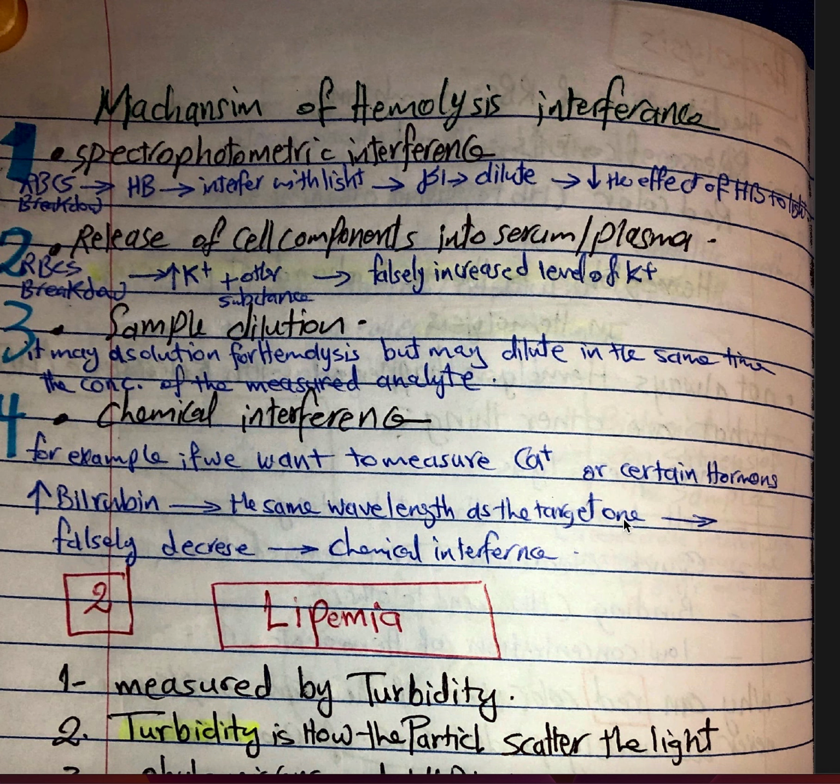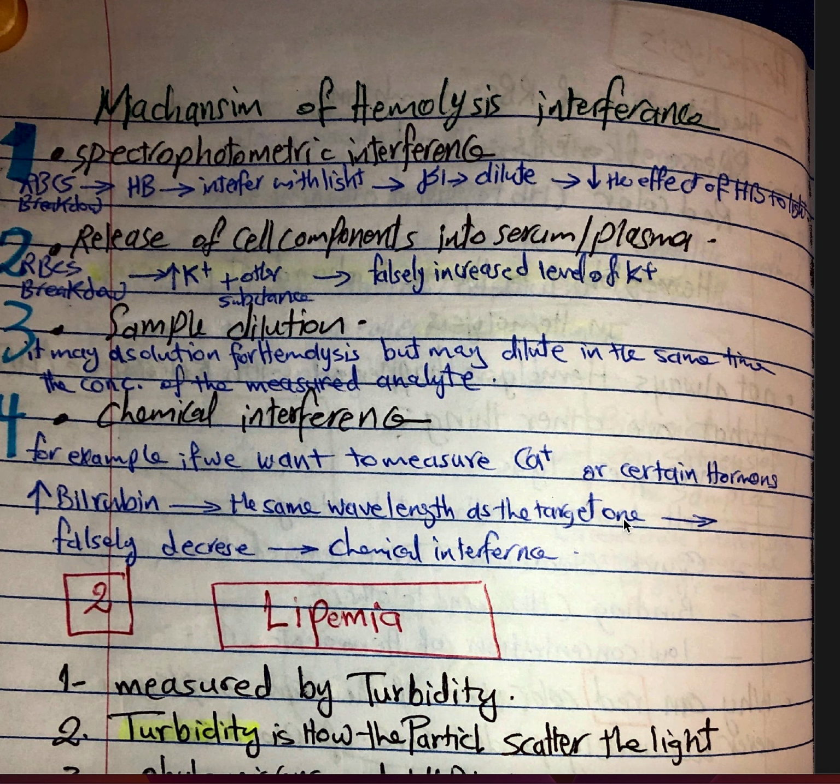But sometimes when there is a breakdown of the RBCs, then there is release of hemoglobin, and the hemoglobin interferes with the light, and then if it interferes with the light, we cannot measure the other analyte. So what we have to do is dilute this solution. After we dilute it, then we can measure the other or a specific analyte. So that causes the spectrophotometric interference.